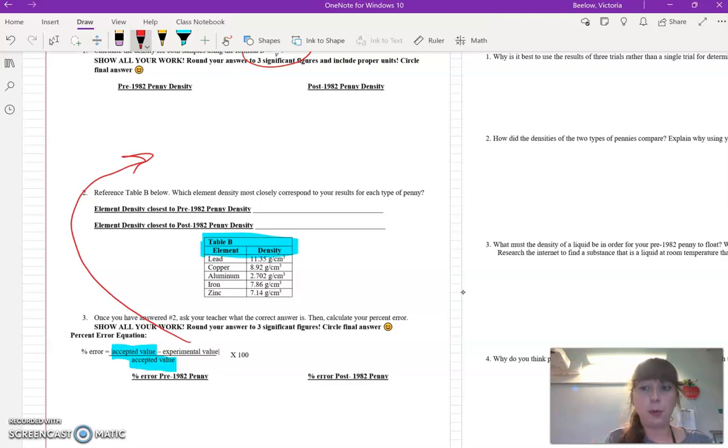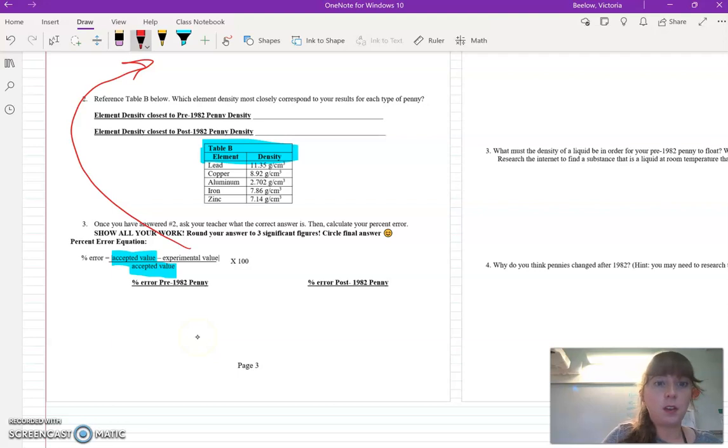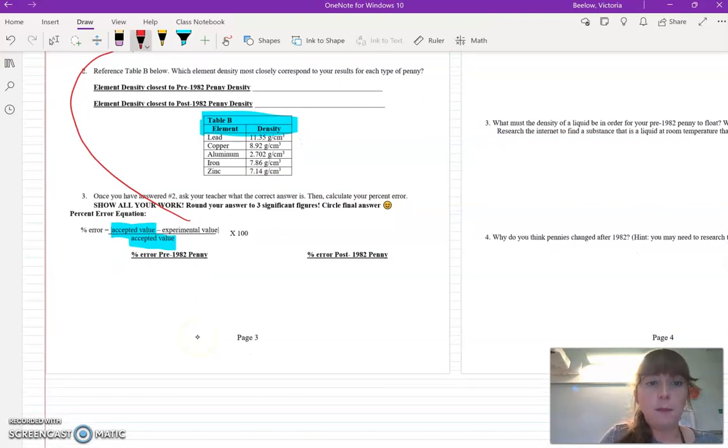And you have to do that for the pre and the post. So I will tell you that for the pre-pennies, you should be using the accepted value for copper, and for the post, you should be using the accepted value for zinc. So before the year 1982, pennies were primarily made with copper.